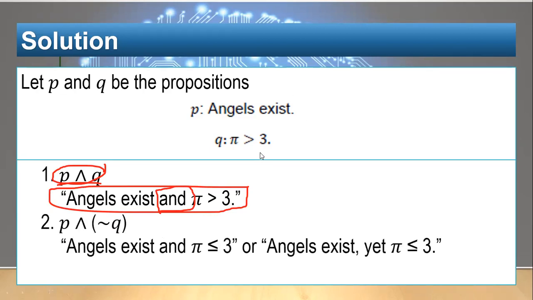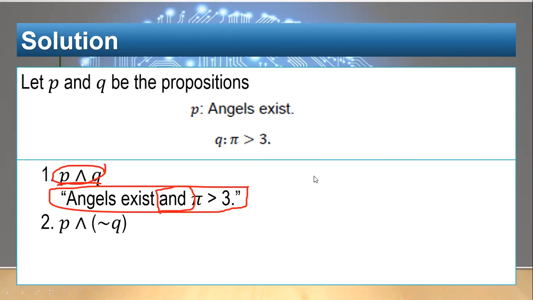So next, ano naman P and not Q. Okay? So ninegate natin yung Q. So ano ba yung not Q? Not Q. That is pi is not greater than 3. So paano natin ilalagay as mathematical sentence?